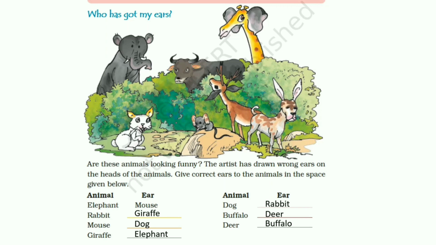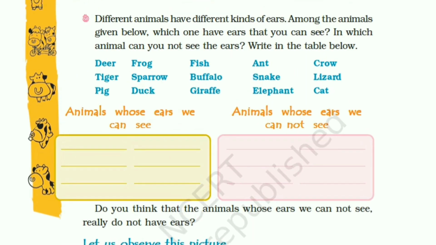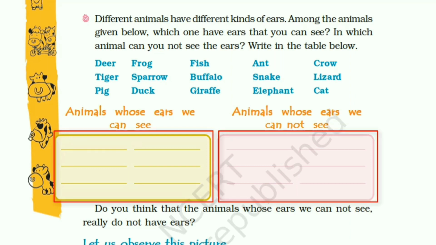Students, we have completed the first task. Different animals have different kinds of ears. Among the animals given below, which ones have ears that you can see? In which animal can you not see the ears? Write in the table. Here we can see 2 tables.